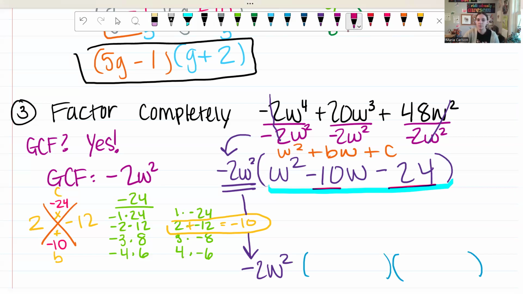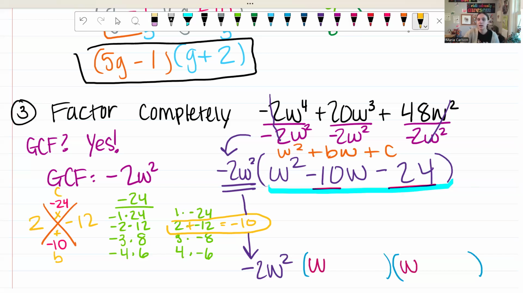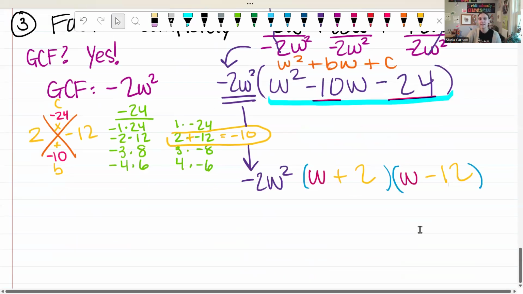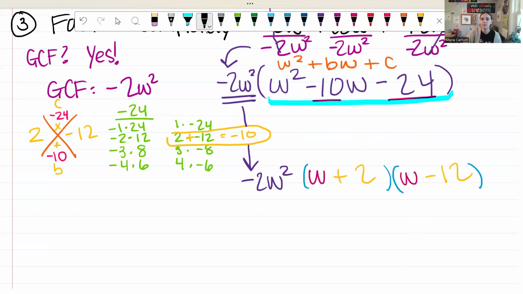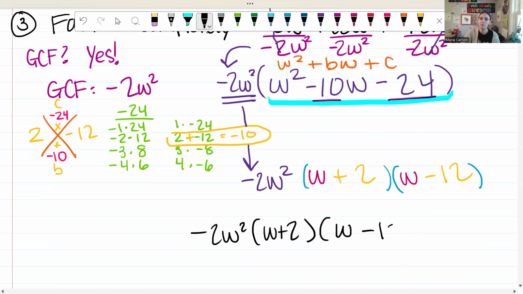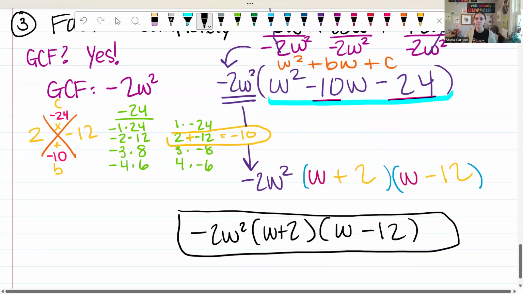The variable we're talking about is still w, and our x factors were positive 2 and negative 12. So if I multiply negative 2w squared times w plus 2, and then I multiply that by w minus 12, that will give me the original polynomial we began with.